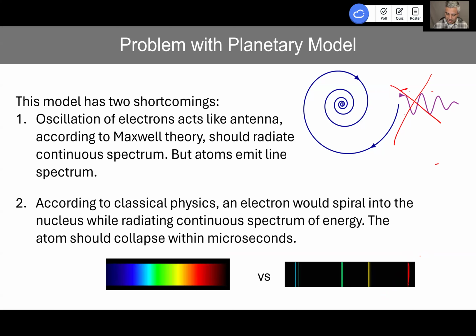So this observation of line spectrum and the existence of atoms themselves raise questions on this planetary model of the atom. Okay, so that is about the planetary model.